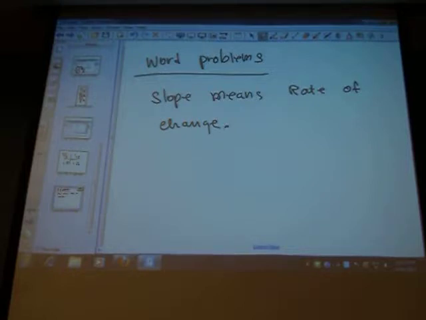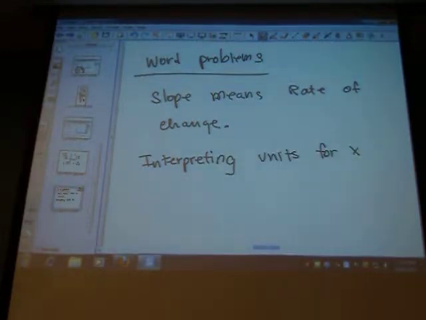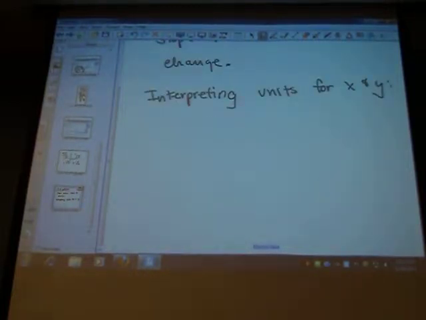Interpreting the units for X and Y is one thing we want to talk about. Have any of you run into those questions where it talks about units? Like Y is dollars and X is years. Remember that X is independent.